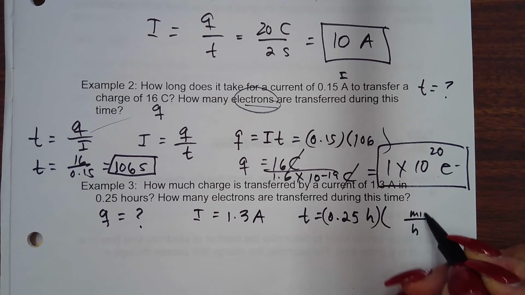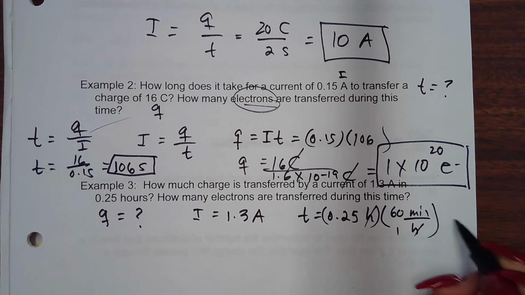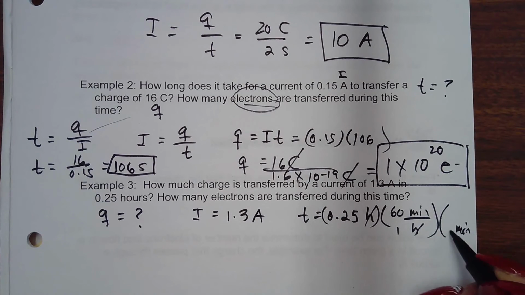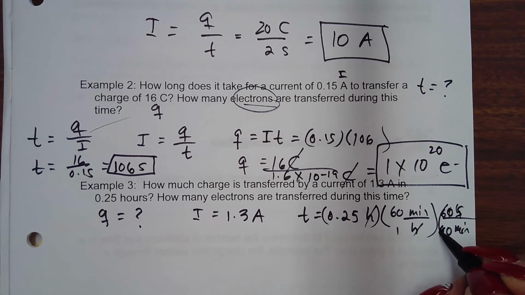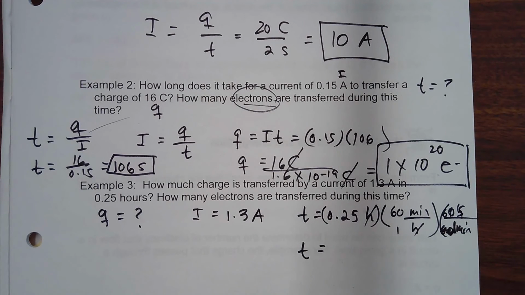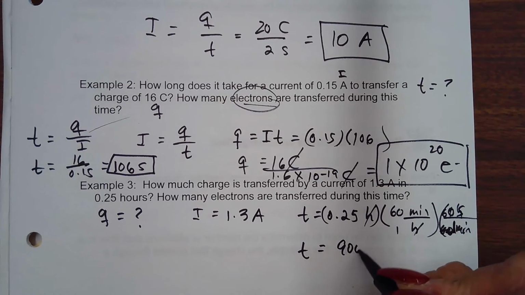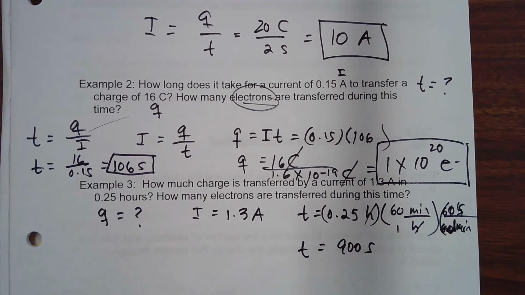There are 60 minutes in 1 hour, and 60 seconds in 1 minute. We're going for seconds. So 0.25 times 60 times 60, you get 900 seconds. So you have a 900 second duration here.